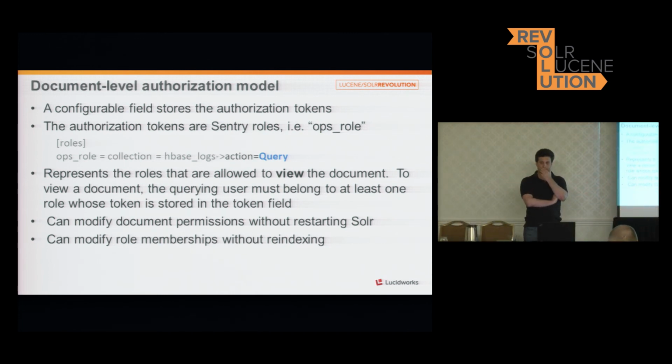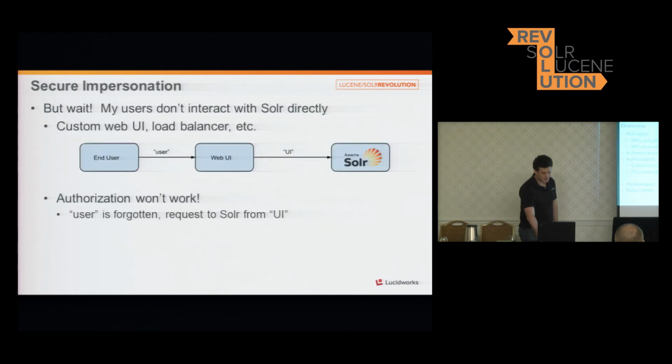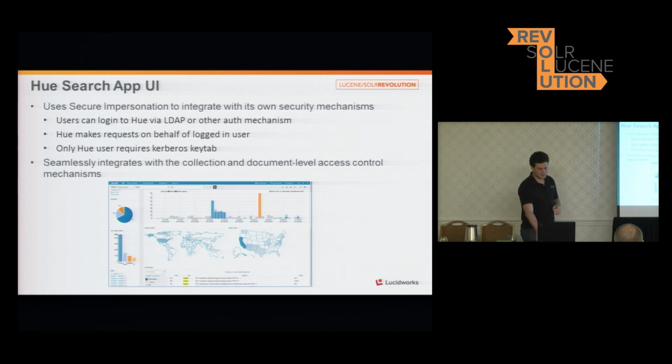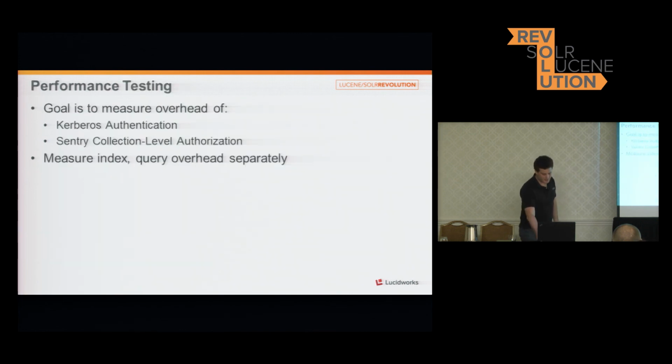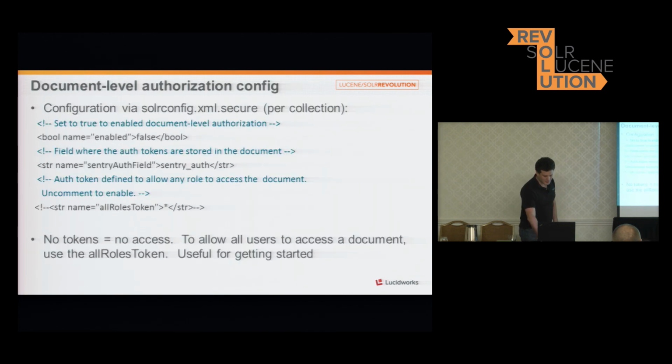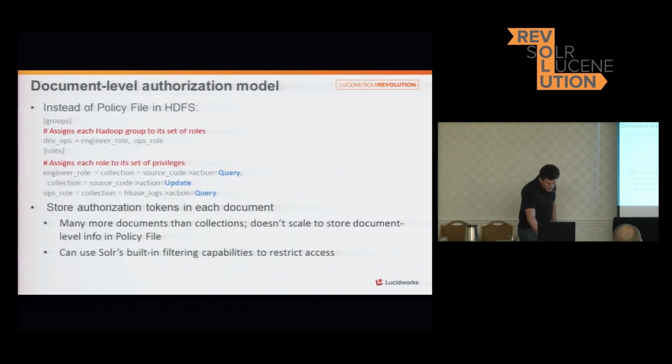Do you utilize LDAP servers for your authorization? Yeah, the question is, can you use LDAP for authorization? You can use Hue directly because Hue can integrate with LDAP. What you can also do is, when you're defining the groups, so I didn't actually show this, you can define how the groups are resolved.